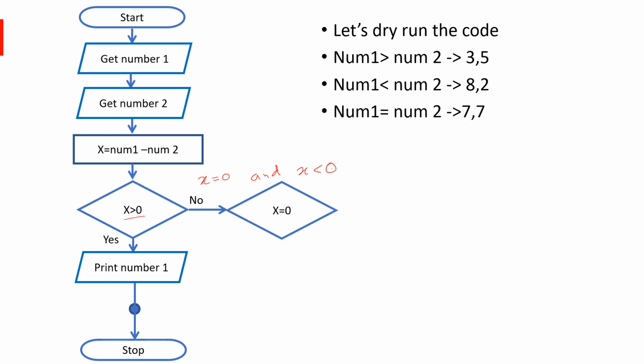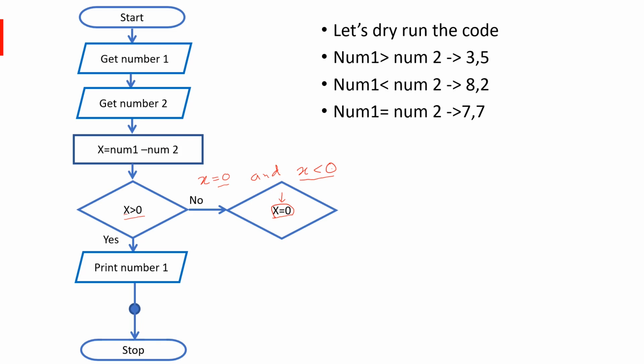So if this is no, now we'll consider the situation where x equals 0. If x equals 0 is satisfied, that means the numbers are equal. If this x equals 0 condition is not satisfied, let's consider that situation. So x greater than 0 is not satisfied.